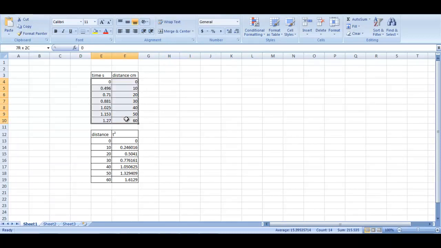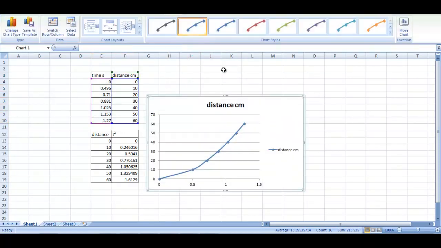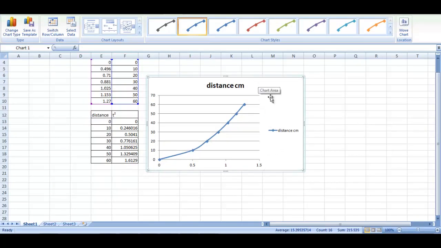And we will draw a graph about this. So distance and time. As you can see, the graph of distance versus time is not linear.